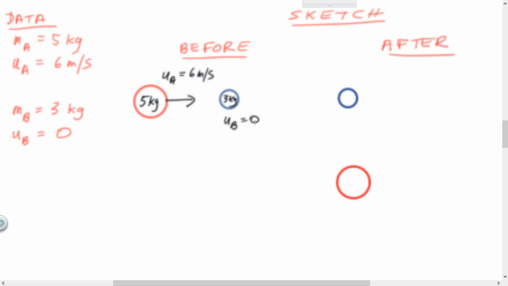After the collision, the 3 kilogram ball moves off in a direction that is 60 degrees to the horizontal, or to the x-axis. So its final velocity we need to work out.